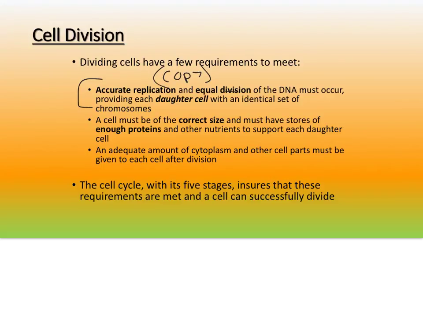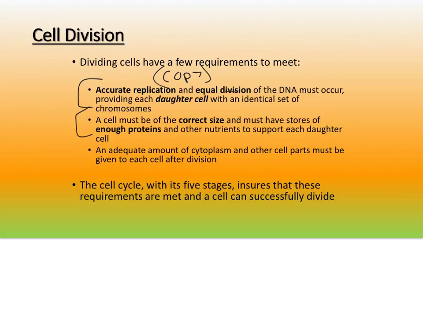The second thing is that the cell must be the correct size and have enough proteins and other nutrients to successfully turn into two cells. If the cell is too small and tries to split into two, those might turn out too small and might not survive. So the cell has to be big enough, and the cell has to have a store of proteins and things like that to divide between the two daughters.